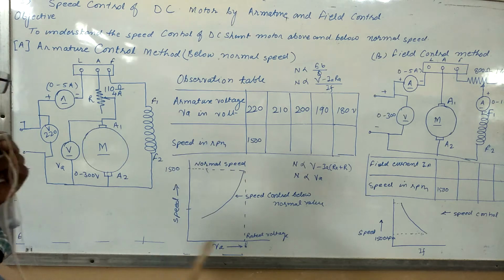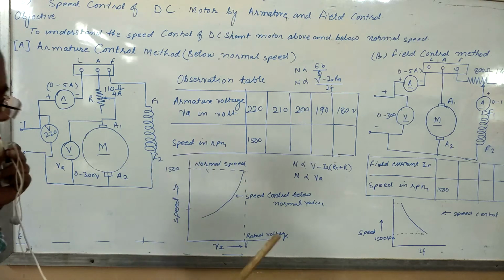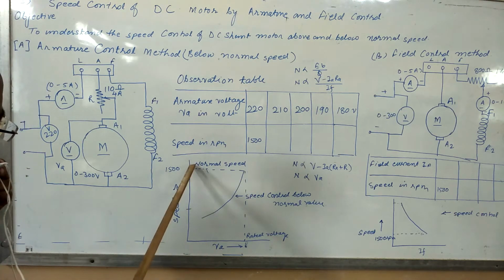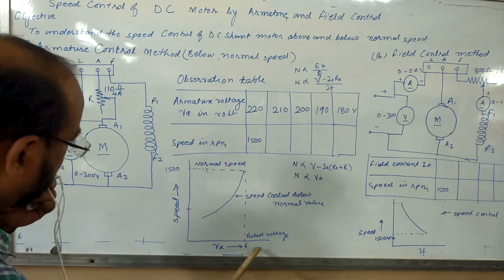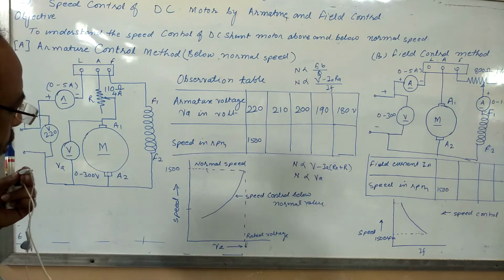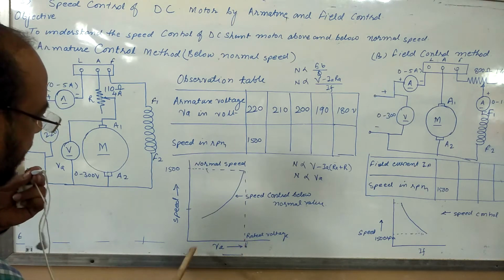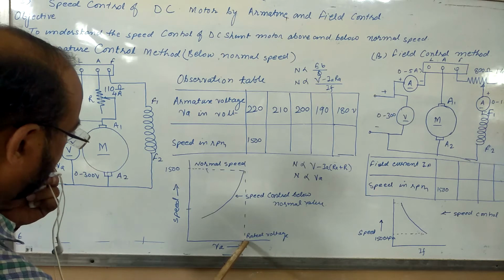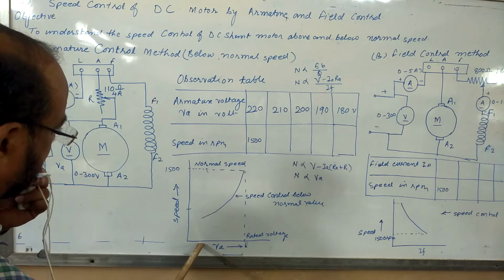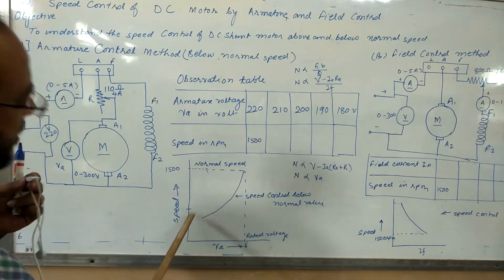Now after performing the practical, we are going to draw the graph. The y-axis is the speed, 1500 rpm, and on the x-axis there is the armature voltage. Before selecting the scale of armature voltage, we have to take care: suppose this is 220, then you have to take a proper scale so that we are able to draw a proper graph.